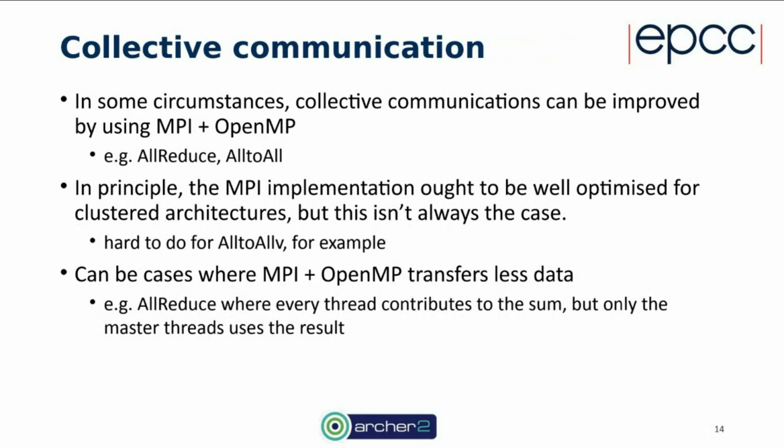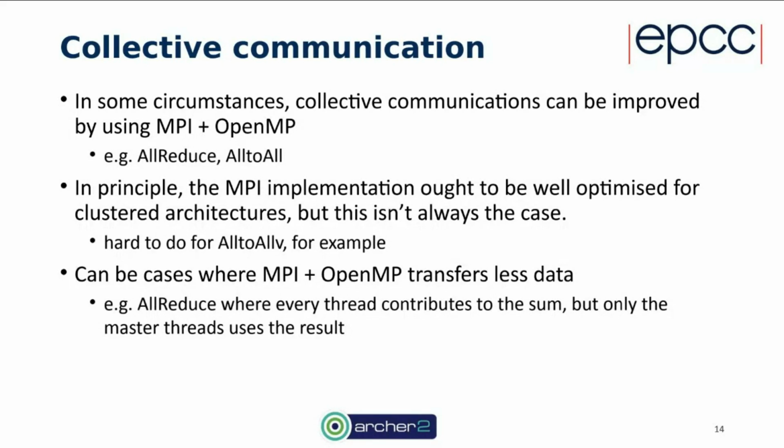So there are some circumstances where collective communications can be improved using MPI and OpenMP. Particularly collectives like all-reduce or all-to-all. In principle, the MPI implementations are pretty well optimized for clustered architectures. It's not always the case.